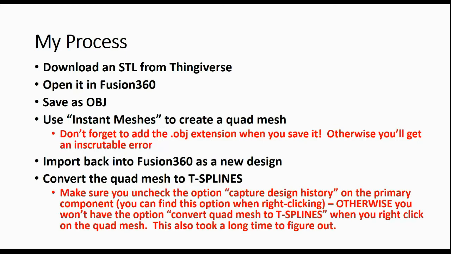You have to uncheck the option Capture Design History on the primary component, not the object you're working on. Go up to the menu tree and right-click on the primary component, and then uncheck Capture Design History. And then when you do that, now go back to the object, right-click on the object. Now that convert option will be available in the menu. That took a good while to figure out. And again, I'll show this all in the screen cap.